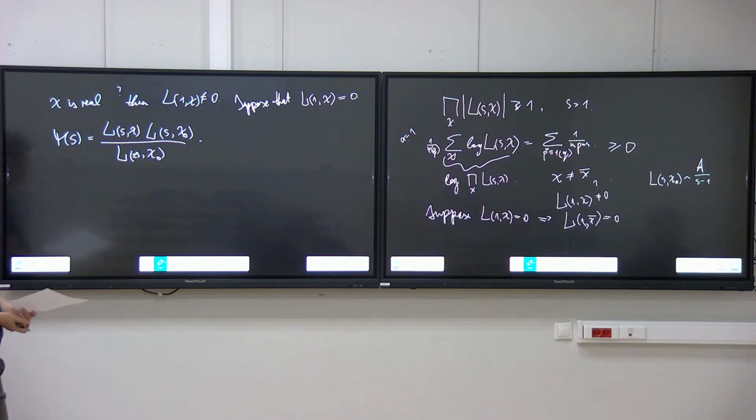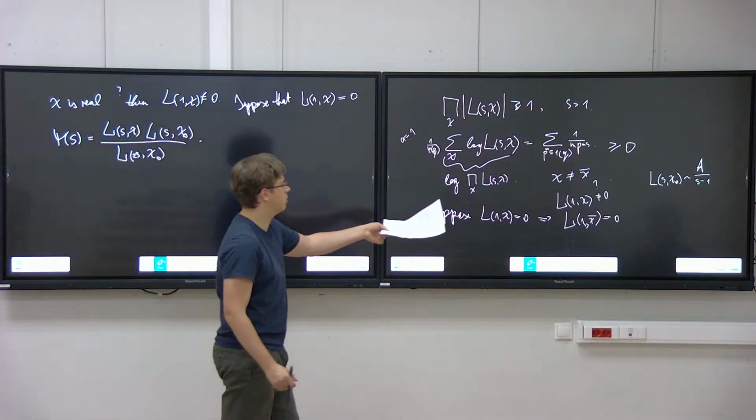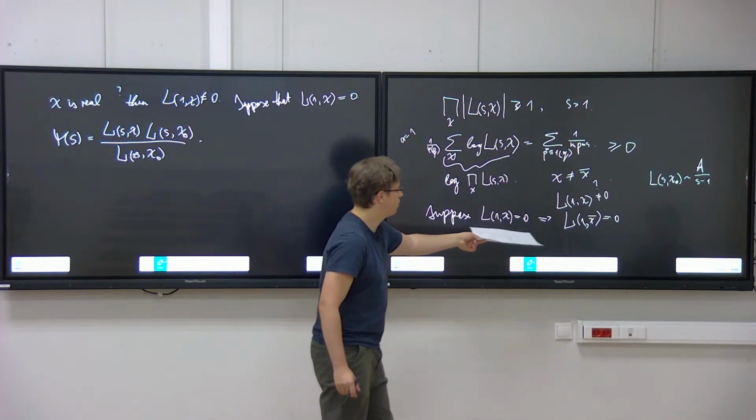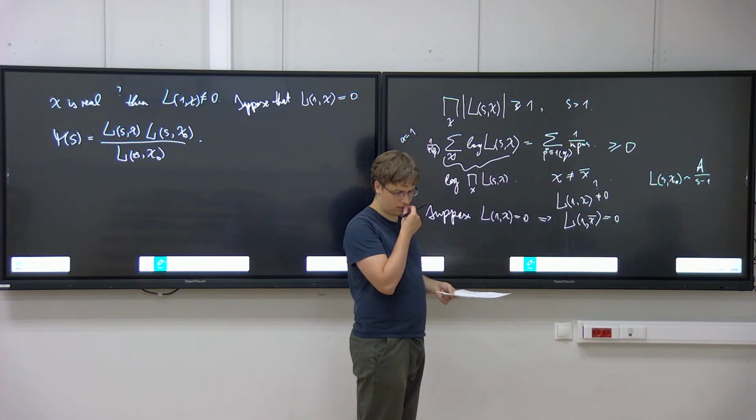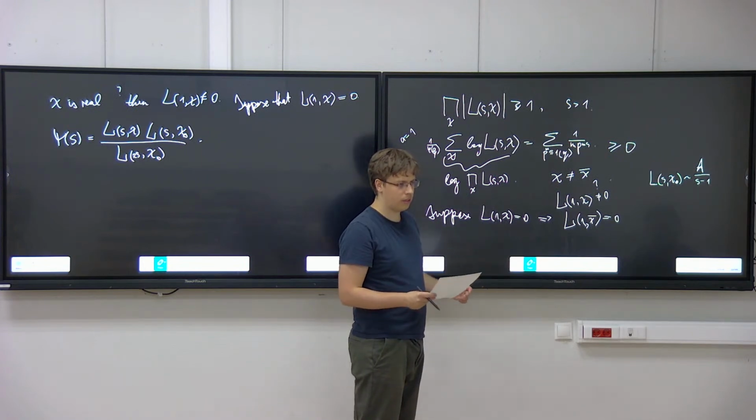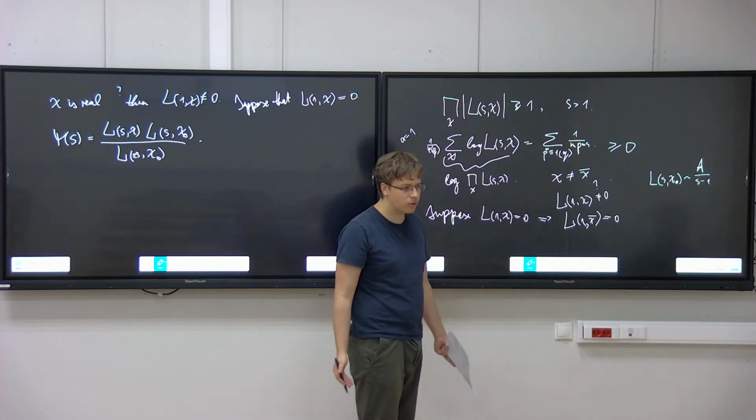А зачем тогда мы предполагаем, что у нас L от 1 хи равно нулю? Мы же, кажется, уже пришли к тому, что нет. Мы хотим доказать, что не равно нулю, то есть положим, что равно нулю. Мы же вроде доказали другим способом, что это не так. Вот здесь мы доказывали для комплексного. Так мы же доказали, что для вещественных у нас не может быть сдвоенного нуля. Как не может? Простой. Да, все понятно.